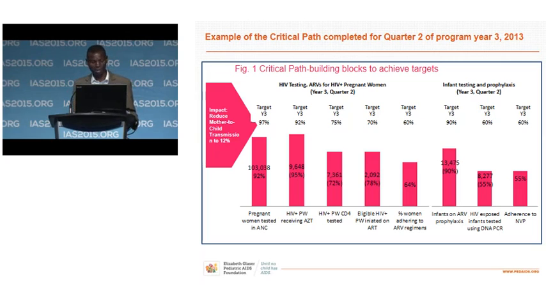testing for pregnant women, where in one quarter, we realized that the indicator was performing below target for a number of reasons, primarily due to the fact that a new HIV testing algorithm had just been introduced in the national program, and concomitant to that was a delay in supply of new HIV test kits.